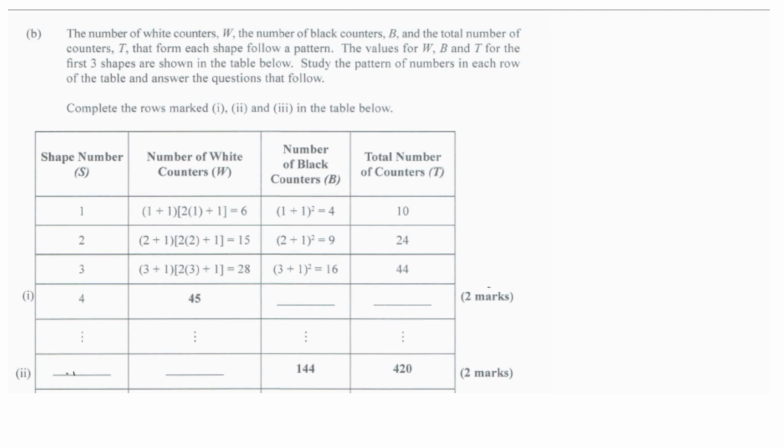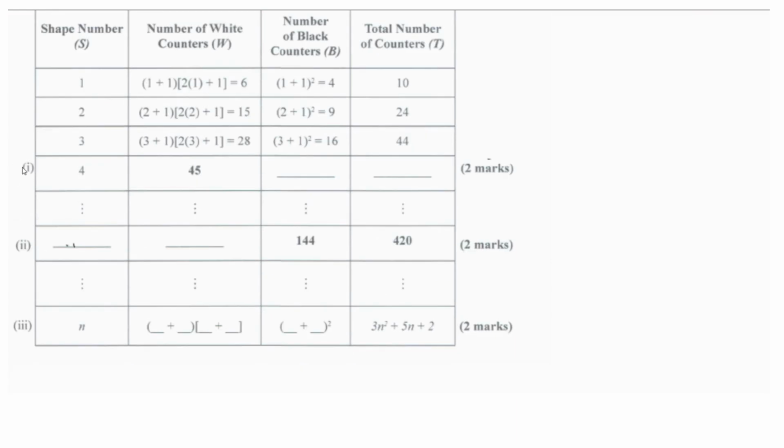So part 1 is here in the table and we are required to complete the missing bits here. So in this column here we have the number of black counters. So if you notice here, this is 1 and that's 2 and that's 3.